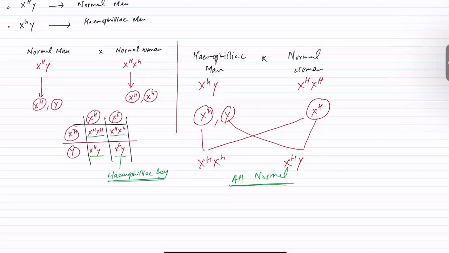So inheritance of a characteristic which has the ratios of the offspring of the reciprocal crosses different from each other, such inheritance is known as sex-linked inheritance. So hope you have understood it. So this is all about monohybrid inheritance. We'll discuss some questions on it, and then we'll move on to dihybrid inheritance.